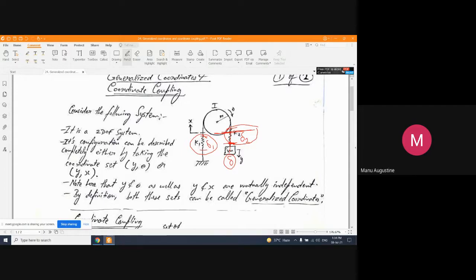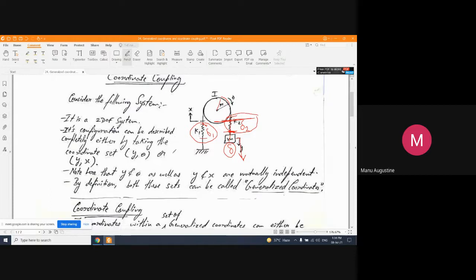So from the equilibrium position where I consider all the potential energies to be zero, what will be the potential energy stored in the entire system when, in an instantaneous position, your disk has rotated by an amount theta and your mass has overall come down by a distance of y?